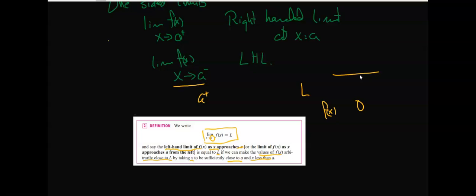Remember, the picture looks like this. If we just choose values that are really close to 8 from the left, we can get the height to be really close to what we claim is the limit. In this case, we claim the limit is 0. So if we can make the values of f arbitrarily close to L, or to 0, by taking x to be sufficiently close to a, or sufficiently close to 8. Okay, so that is the idea of limit in a more formal sense.